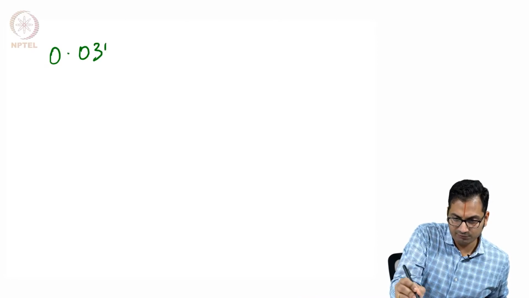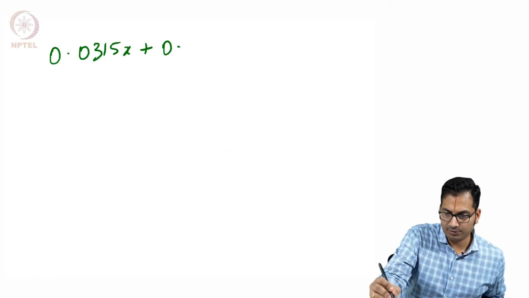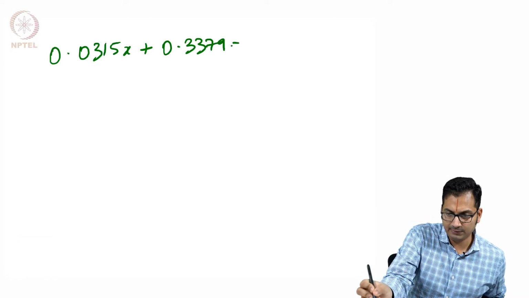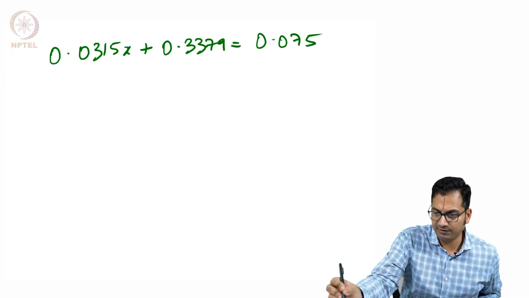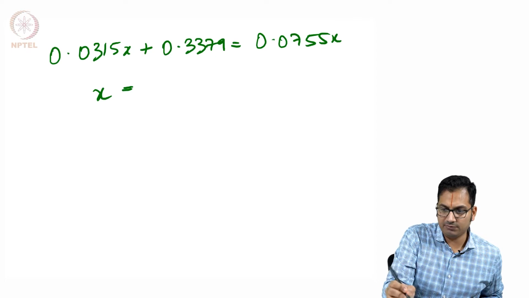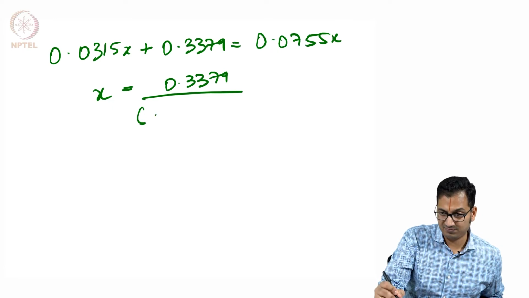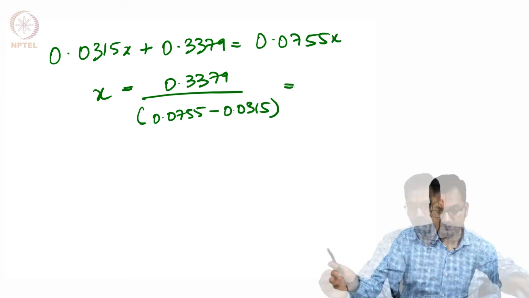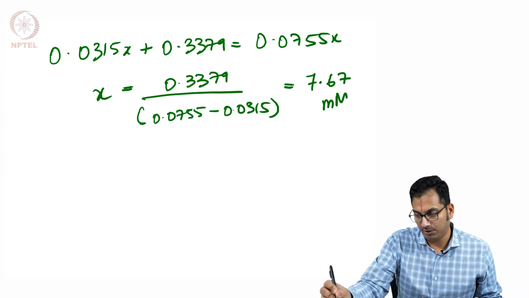And 0.0315x plus 0.3379 is equal to 0.0755x. So x would be equal to 0.3379 divided by the difference of the slopes, and you get a number like 7.67 millimolar.